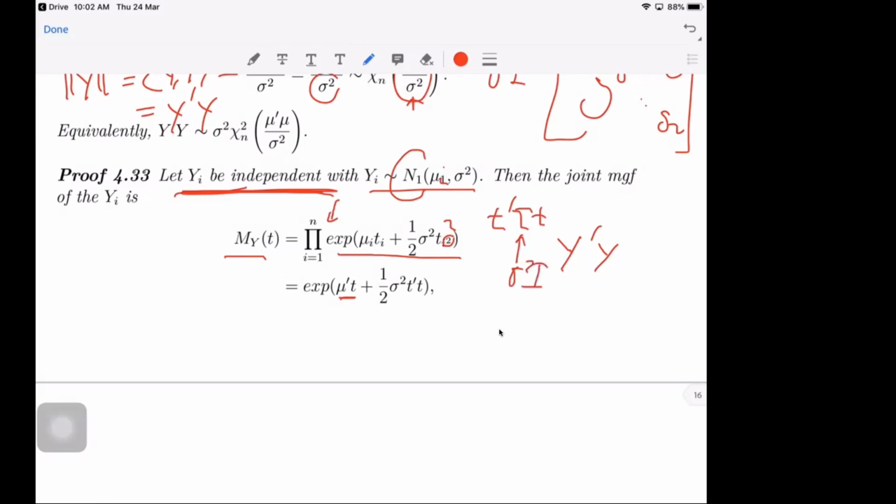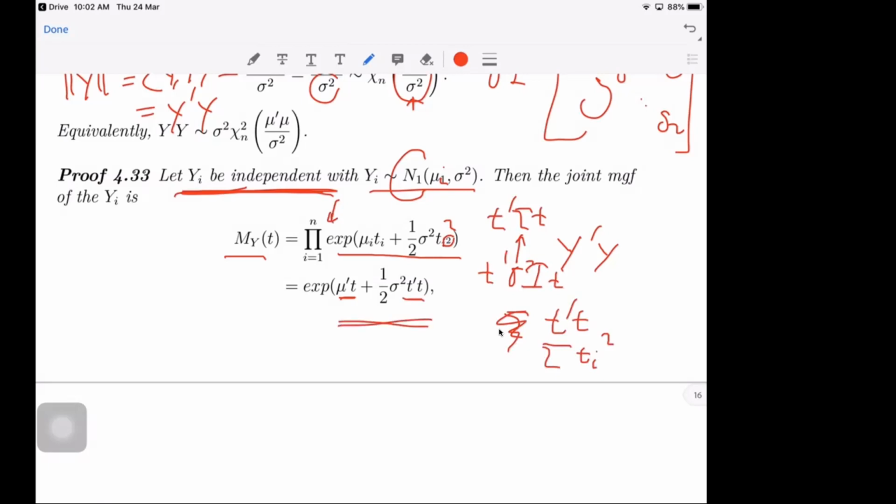Sigma is actually I, so it is t prime t. If individual, t prime t is the summation of ti squared, no? So the product here will give you the vector notation.